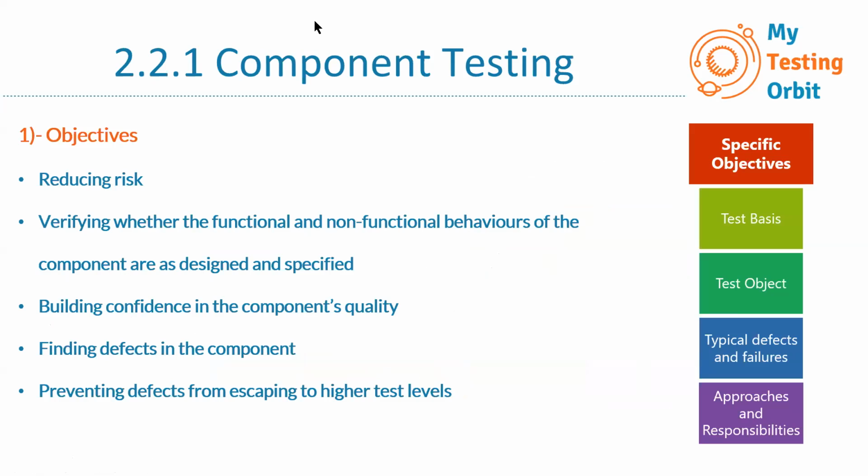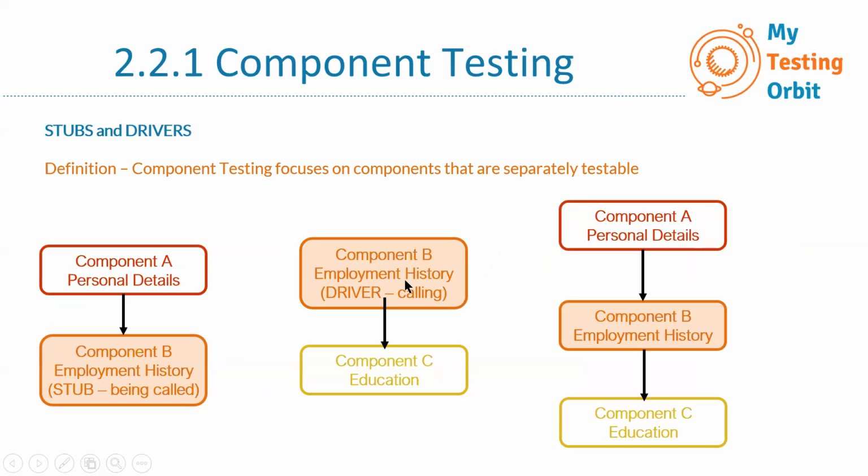Okay, Umair is asking why one is a stub and the other one is a driver if both are working the same. Let's go through that slide again. That's why I have written it over here, because it can be confusing.